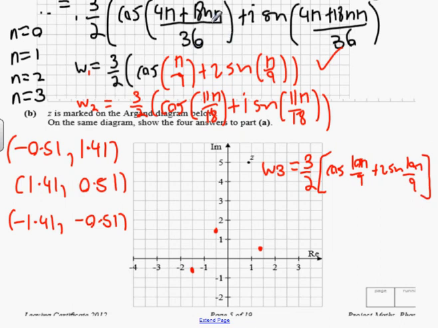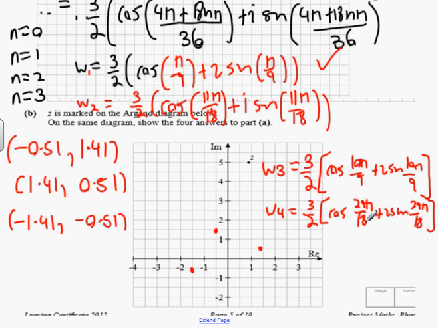When you put in n equals 2, it'll be 40 over 36, which is 10 over 9. And then W4 is 3 over 2 cos 29 pi over 18, plus i sine 29 pi over 18.